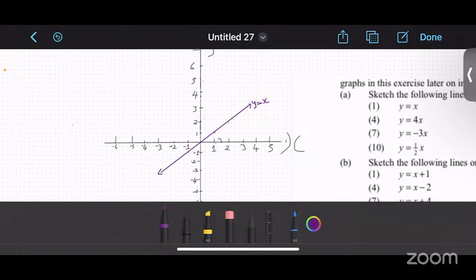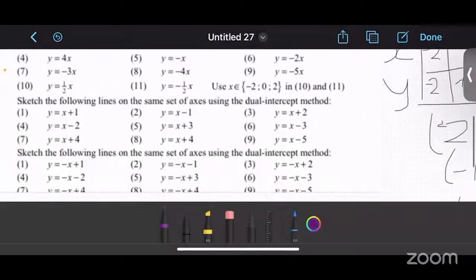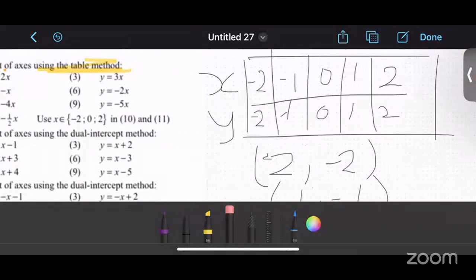Let's see. The next one is y is equal to 2x. So I'm gonna go to my table because I don't want to draw many tables, but you should draw the tables, right? I'm gonna go to my table and try to wipe the other ones off.